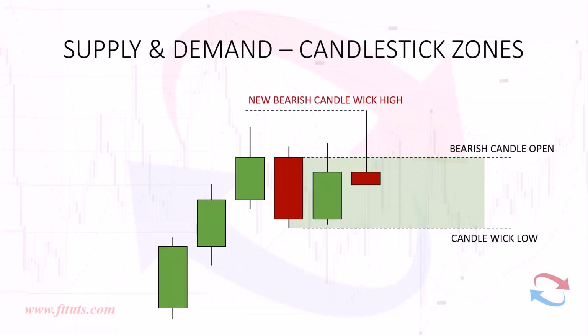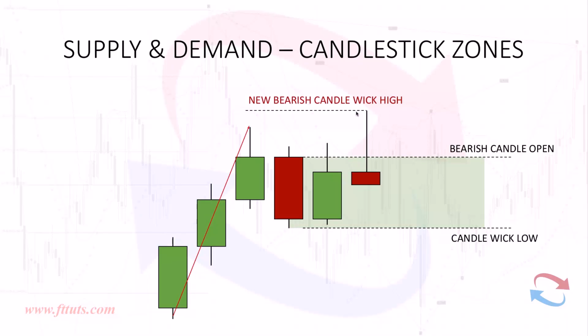So if we get a situation where a new high is made, but it's made by a bearish candle, then we still have a demand zone, because we still have a higher high and higher low sequence. Let me get this tool, because this is what you're really looking for.